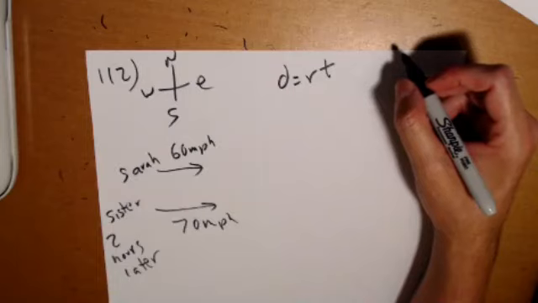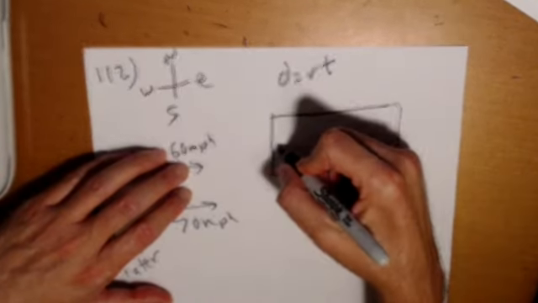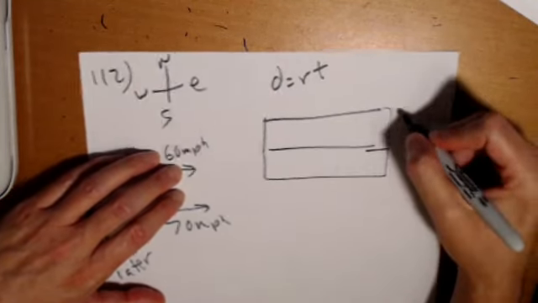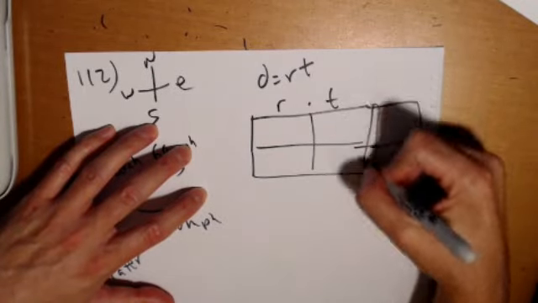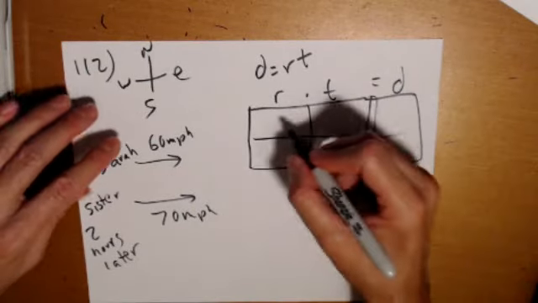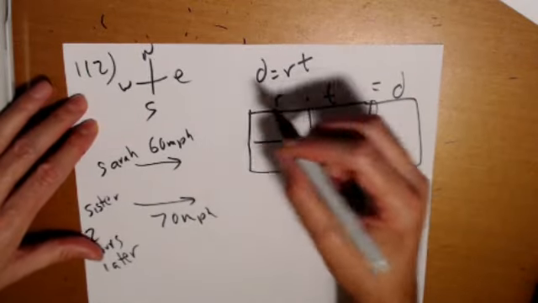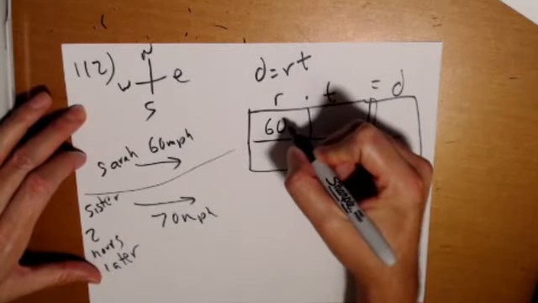Okay. So let's set up our little table like we always do. We have our rate times time equals distance that we're familiar with. And then the rate, so we have Sarah, right? Sarah's going 60 miles per hour.